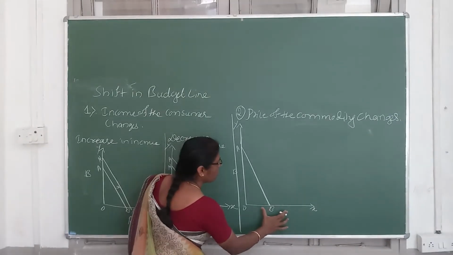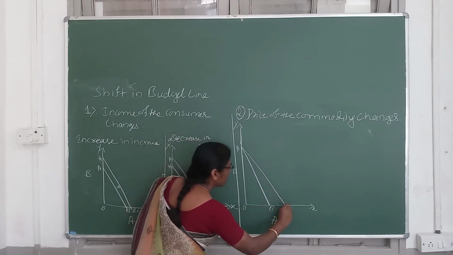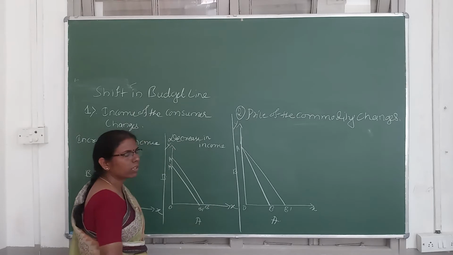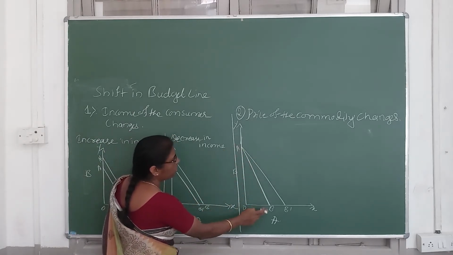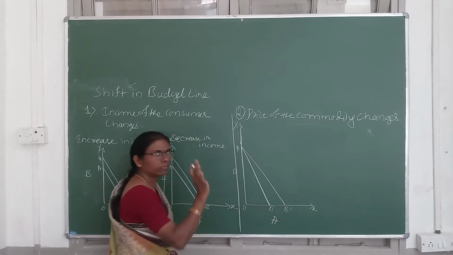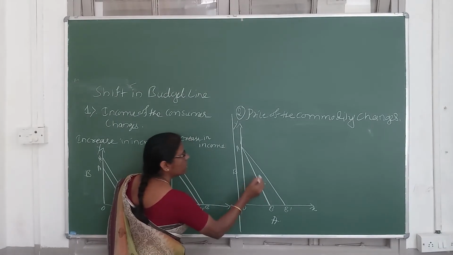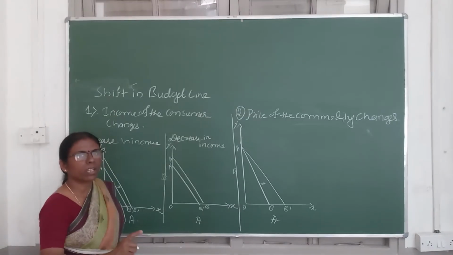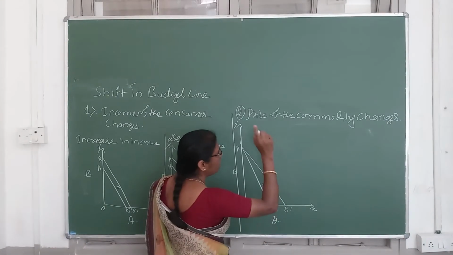Automatically we purchase more of apple. See here, we purchase more of apple. The budget line shifts towards the right, so AB to AB1. So the budget line shifts towards the right when the price of apple decreases, and we purchase more of apple.